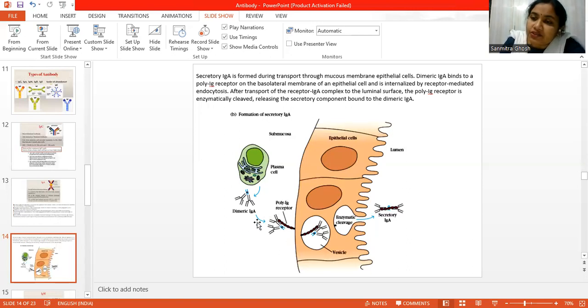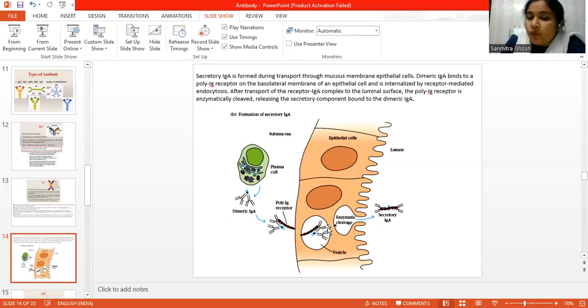So the dimeric structure bound by this J chain will attach to this poly-Ig receptor. And once it has attached over here, by the process of receptor-mediated endocytosis, so here this poly-Ig is the receptor. Once the antibodies bind to it, there will be the endocytosis mediated by the poly-Ig receptor. So this entire complex will be internalized.